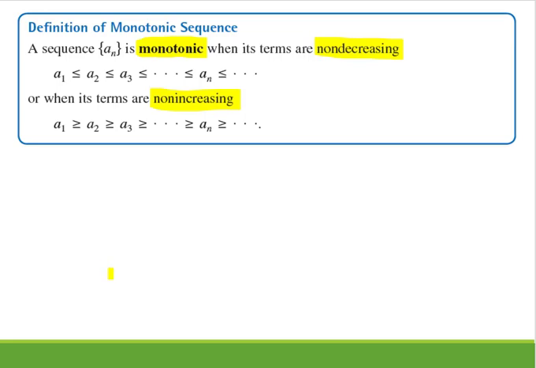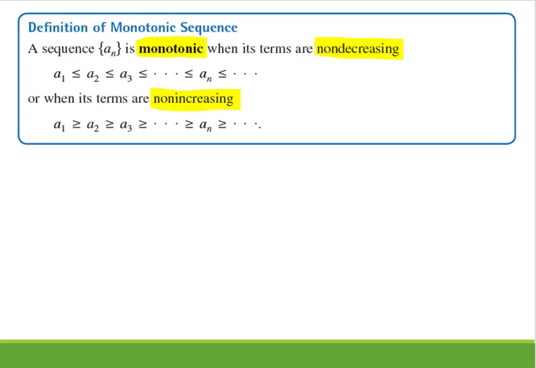But where its terms are non-increasing, isn't that a fancy way of saying decreasing? I just wonder. I might do a little more research on that before we talk about this in class, but I found it interesting that that's how our book defines this.